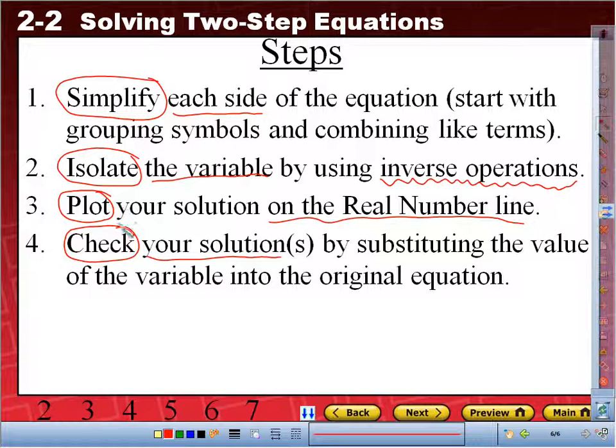Simplify, isolate, plot, check. Simplify, isolate, plot, check. Tell your neighbor the steps, please.